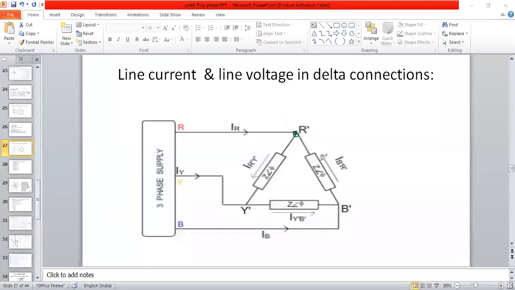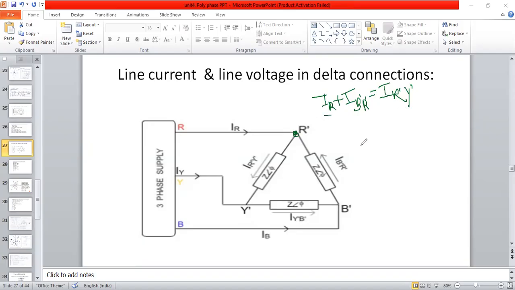So incoming currents are IR and I B'R', which we can write as IR plus I B'R' is equal to I R'Y'. I R'Y' is the phase current here now, and IR is the line current.